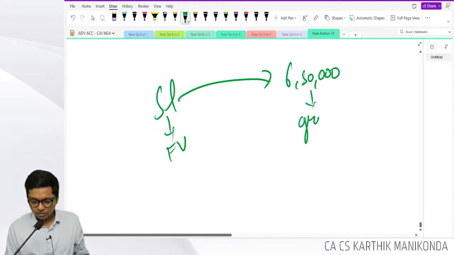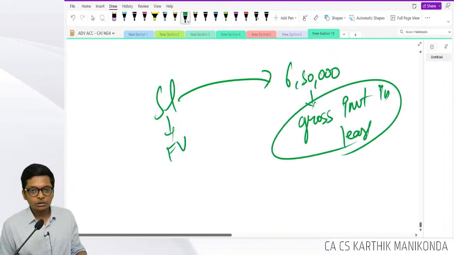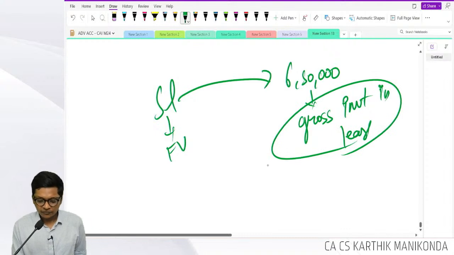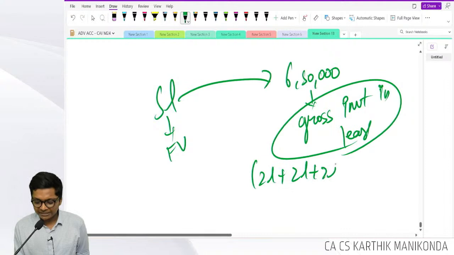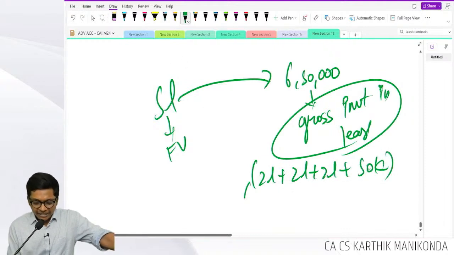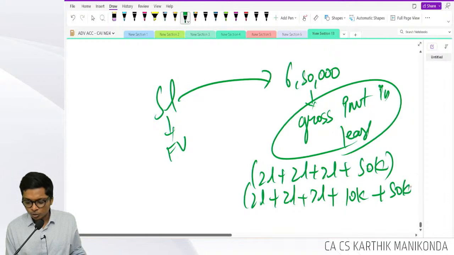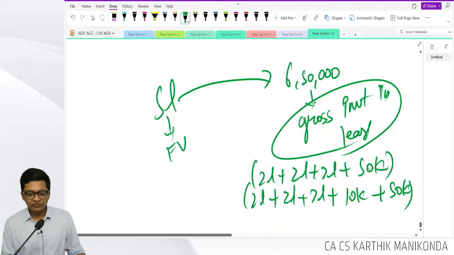This is gross investment in lease. What is gross investment in lease? The formula is very simple. 2 lakh plus 2 lakh plus 2 lakh plus 50,000. If I break this down, in our example 50 is broken down into 10 plus 40.